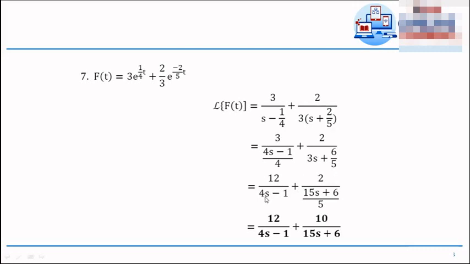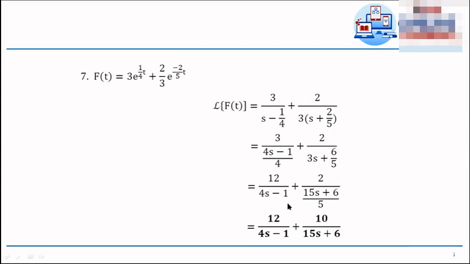12 all over 4s minus 1 plus 2 all over 5. The common denominator is 5 divided by 1 multiplied by 3s. We have 15s plus 6 all over 5. So the same procedure as what we have done in your problem number 6, division of fractions.